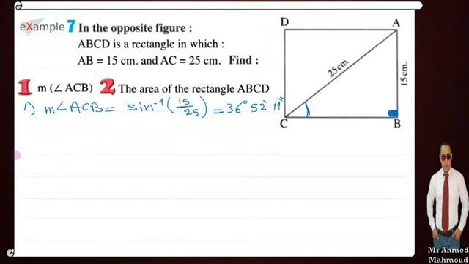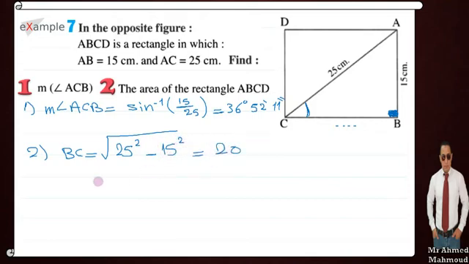Number 2, find the area of the rectangle. To find the area of the rectangle, we need the length of BC. BC equals the square root of 25 squared minus 15 squared, which equals 20.